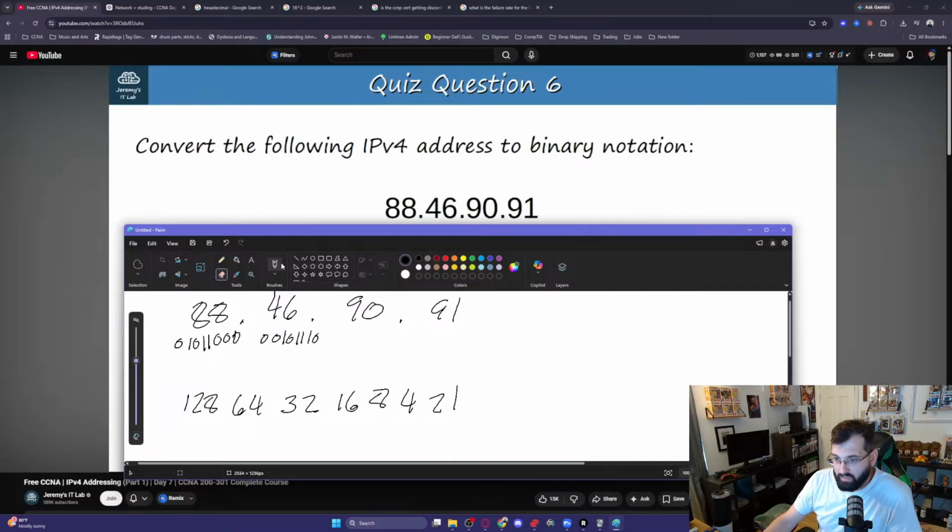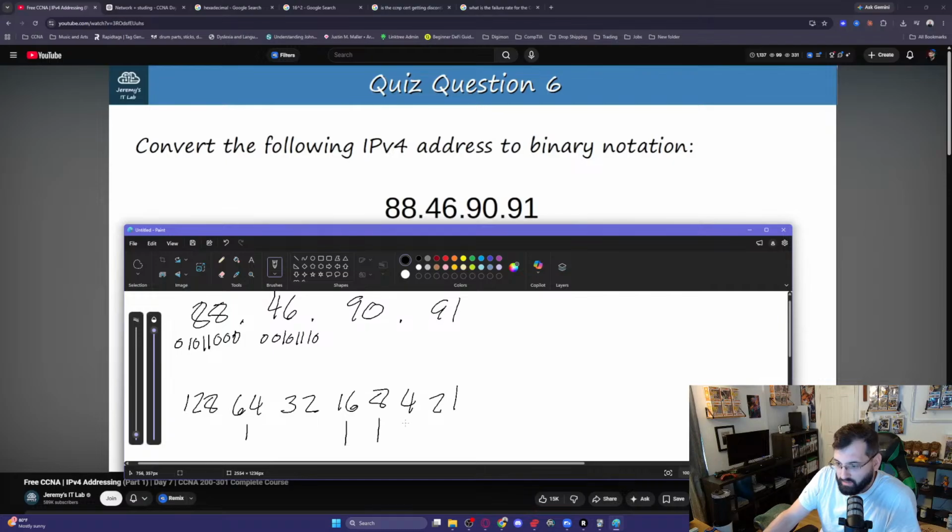Now we need the 90. The 90 is going to be 64. But I don't think it'd be 32, because that would be 96, right? Yeah, that'd be 96. So then we need it to be 16 and 8.